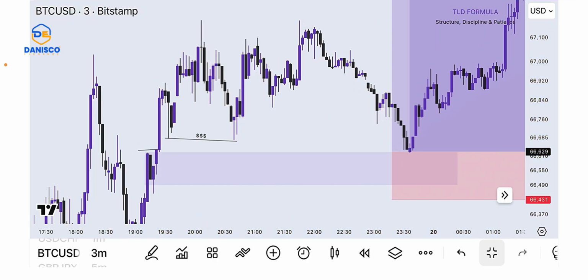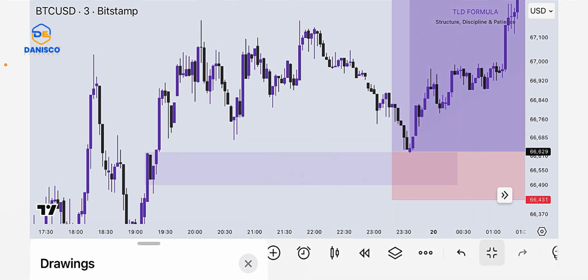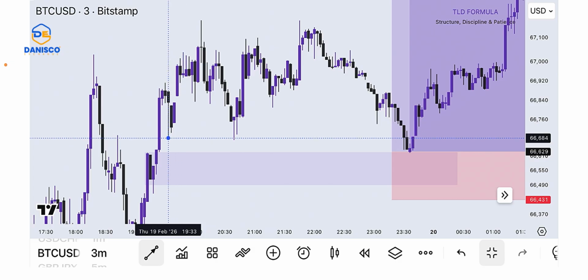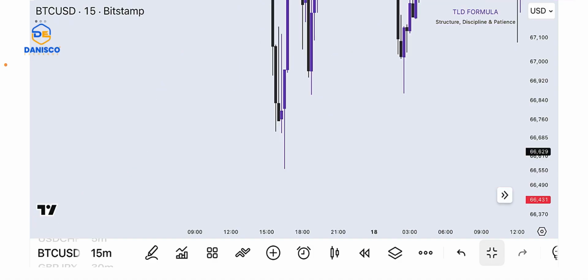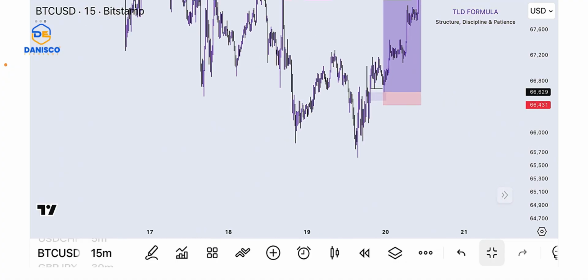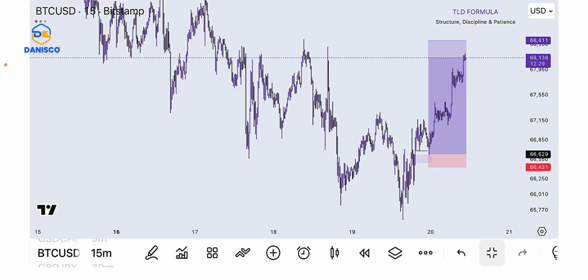I'm explaining two liquidities at the same time from that structure, equal low liquidity and inducement liquidity. Now let's look for engineering liquidity where I can explain that for you.